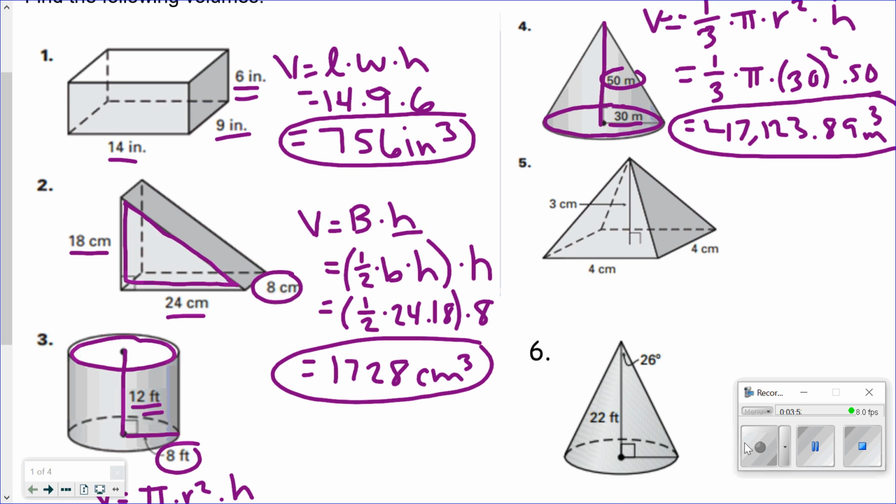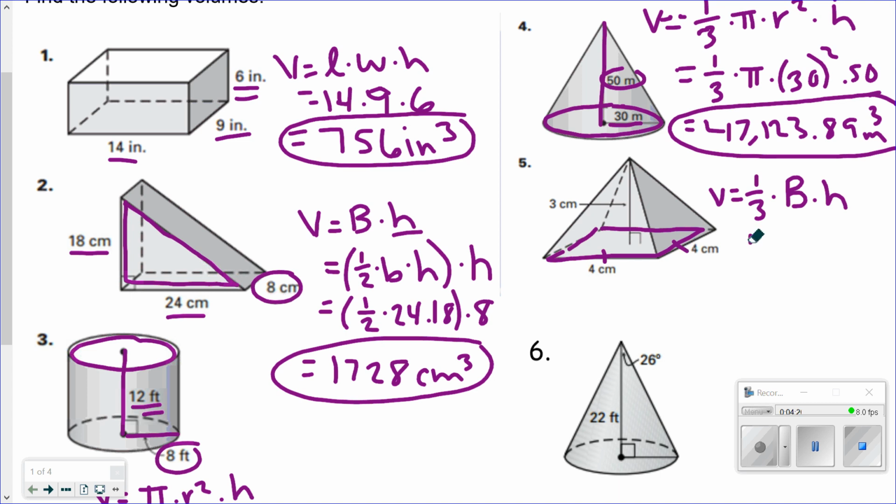For number 5, we have a pyramid, and the volume of a pyramid is 1/3 times the base of the pyramid, sorry, that's a capital B, times the height of the pyramid. So step 1 is when we have pyramids, we need to figure out what shape is the base. Well, if you look closely, we see that the shape of the base is actually a square, and we know it's a square because those two sides are the same.